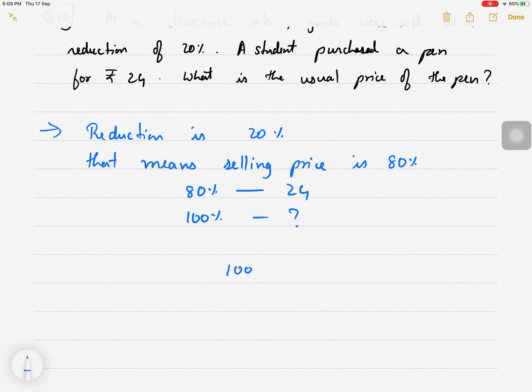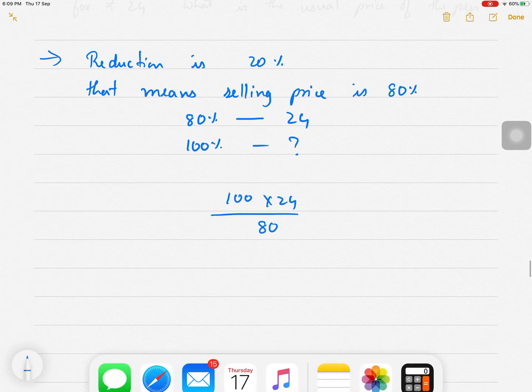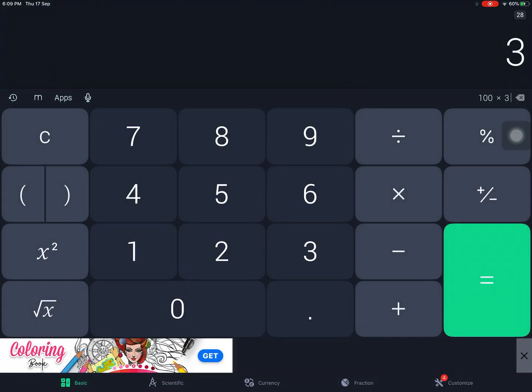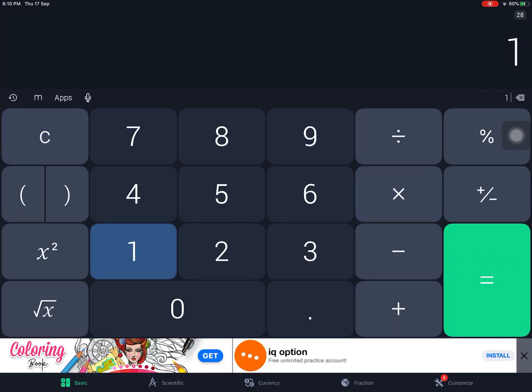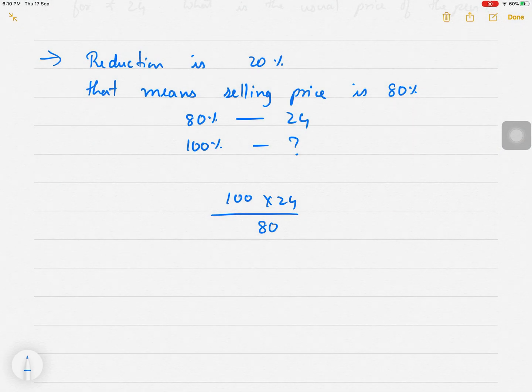So 100 into 24 divided by 80, which comes to 30 rupees.